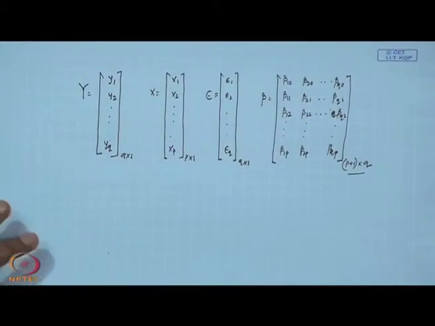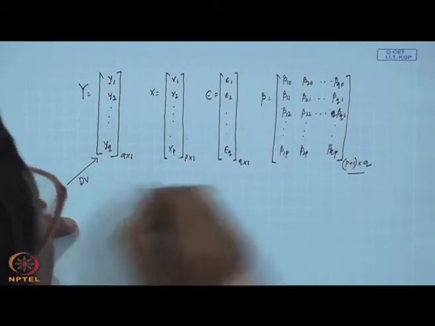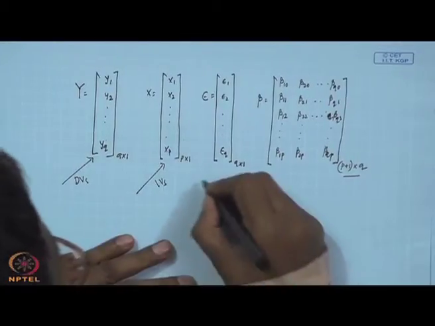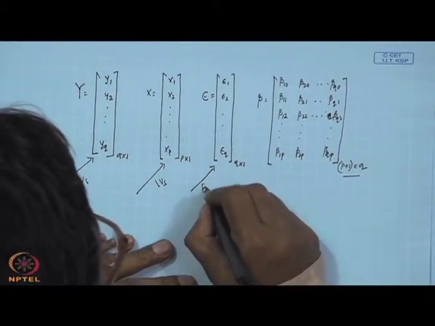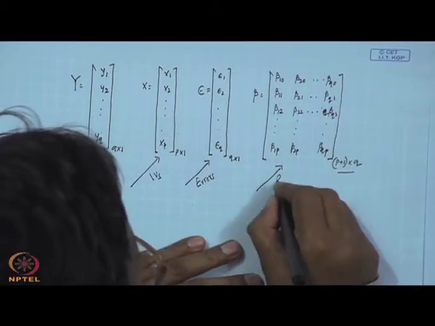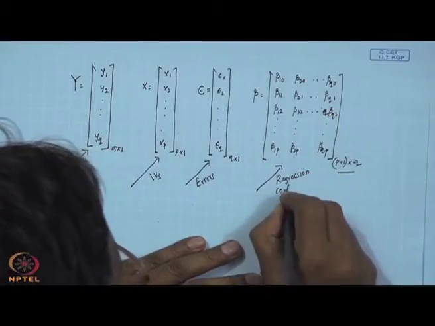Okay. So, I am saying this is my dv, this one my ivs, this is my errors, this is my regression coefficients.